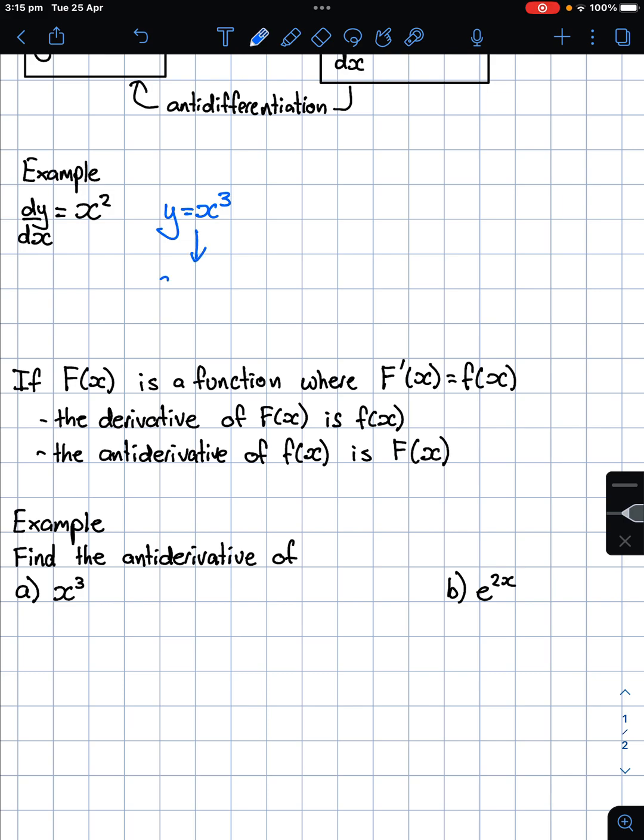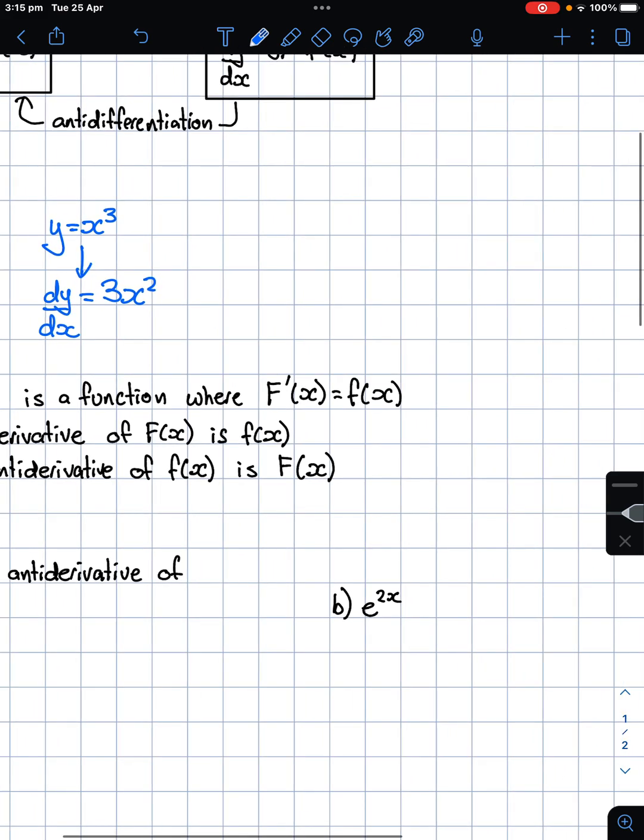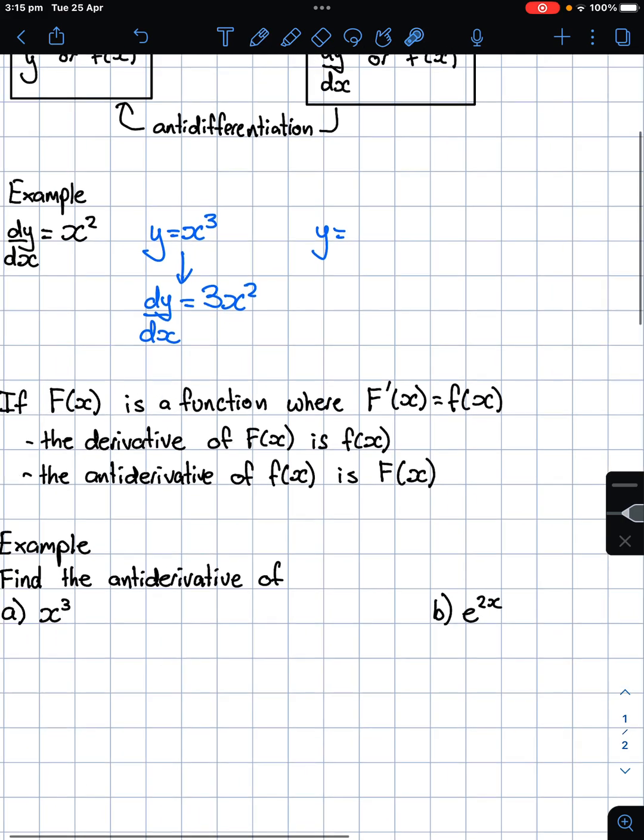If I took the derivative of this, dy/dx equals 3x squared. So obviously this function doesn't work. We need it to be multiplied by a constant. The 3 is the only bit that's wrong.